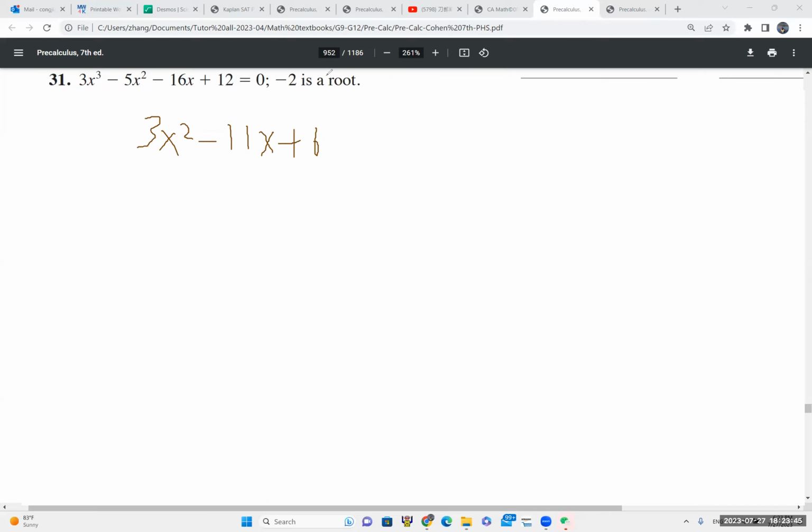Let me first, then later you check if -2 is really a root, right? Yeah, it is a root. And you can factor this.